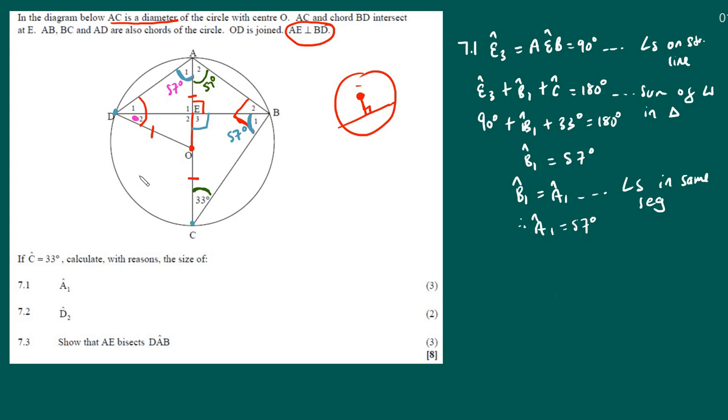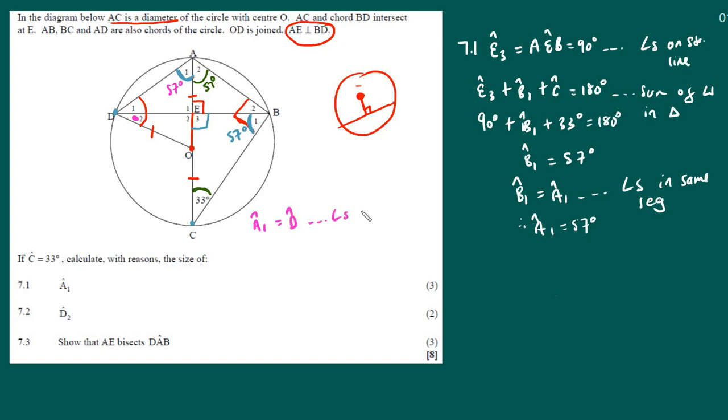When you look at D2, it's not equal to any of the angles, and we can't say C because it's not subtended by the same chord. So since D2 is not equal to any other angle, it's because D2 is part of angle D, and we know that angle D is equal to what? Angle A1. So we could start there by saying angle A1 is equal to angle D.